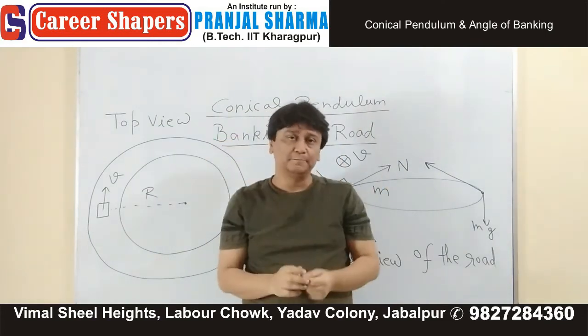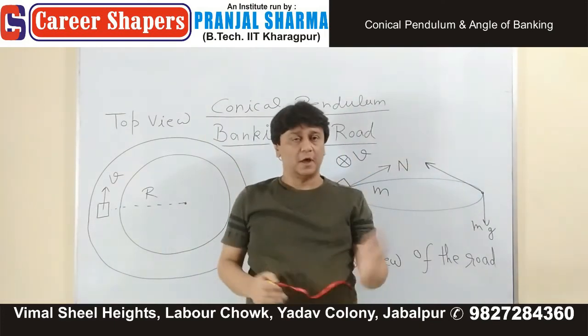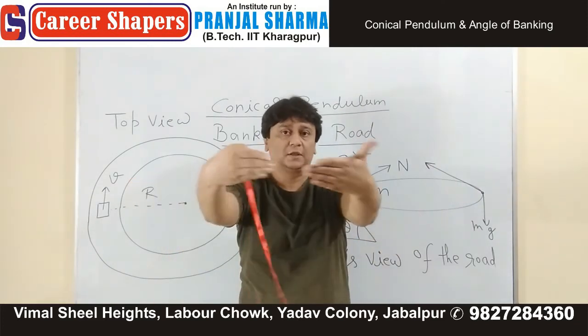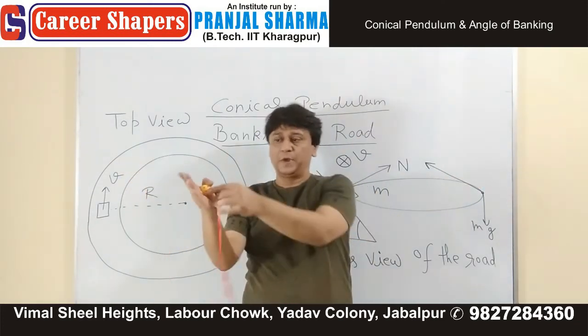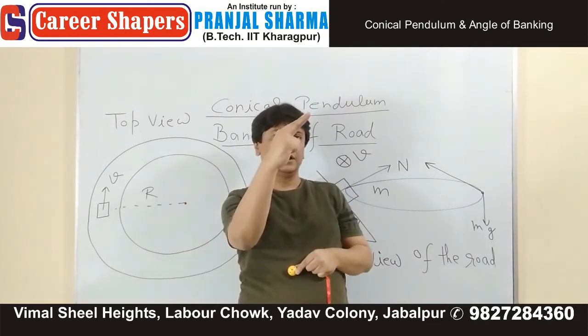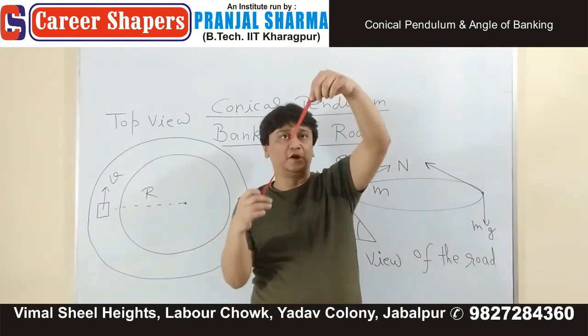What you can see is that we have a circular track and all around outer edge is lifted up. हर तरफ से जो भी कार मूव करेगी उस पर एक नॉर्मल रिएक्शन लगेगा, और वो कहां लग रहा होगा, towards the point of suspension.